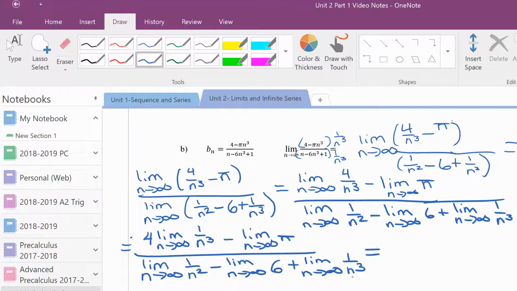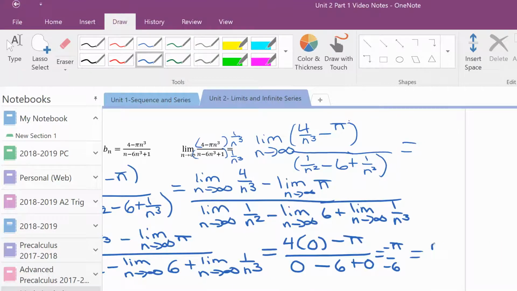And then you can take the limits, so it's 4 times 0 minus pi over 0 minus 6 plus 0. So it's equal to negative pi over negative 6, which is equal to pi over 6. So that is your limit there.